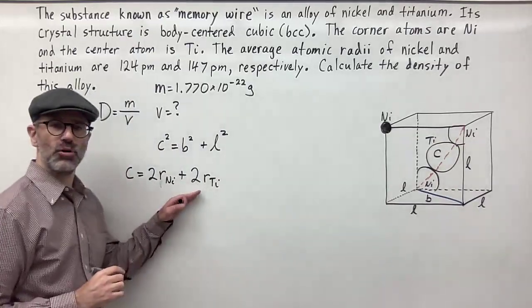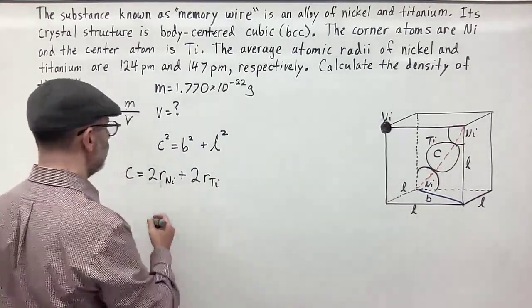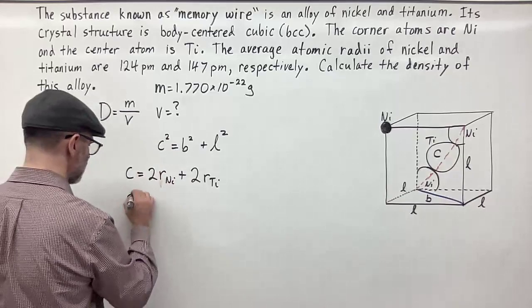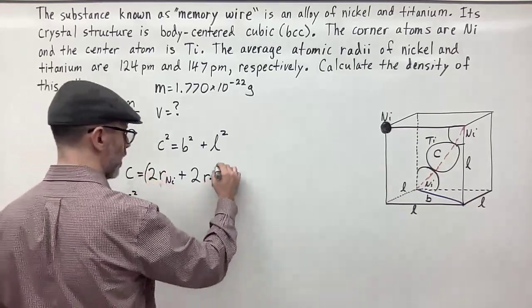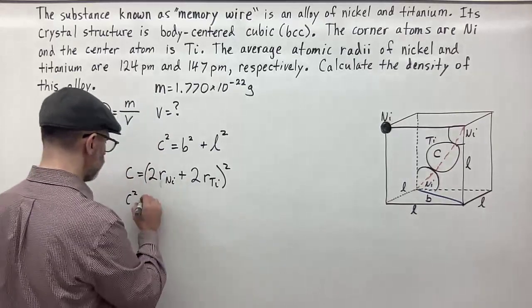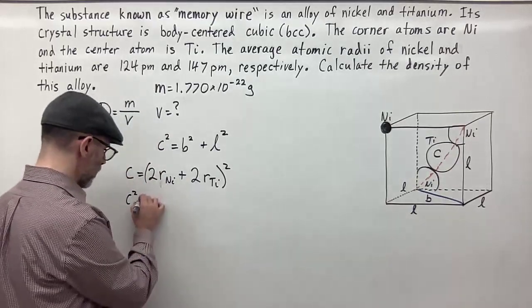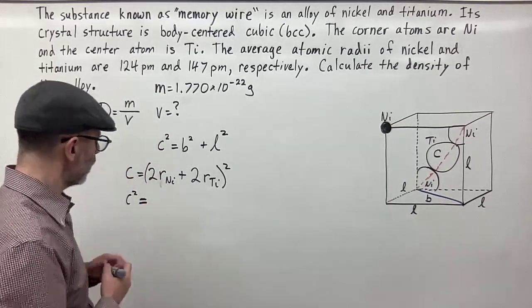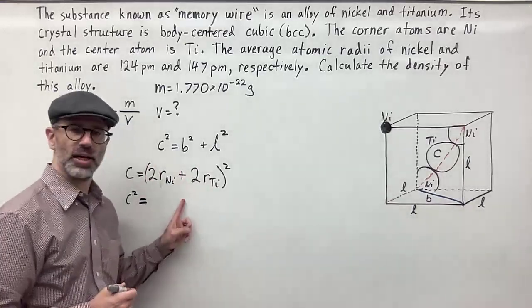So that equals C, but we need C squared. So if we get C squared, that means we're going to have to square this whole thing. And when you square that, I'll spare you the details, but you should be able to square this.